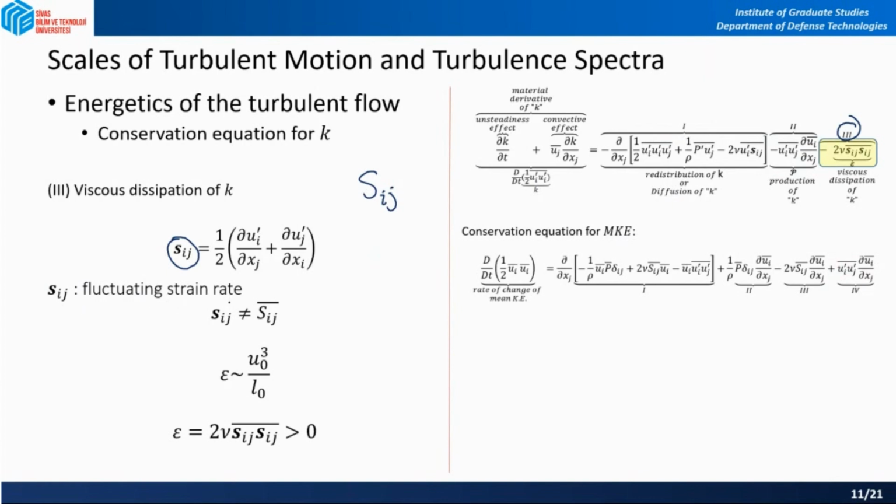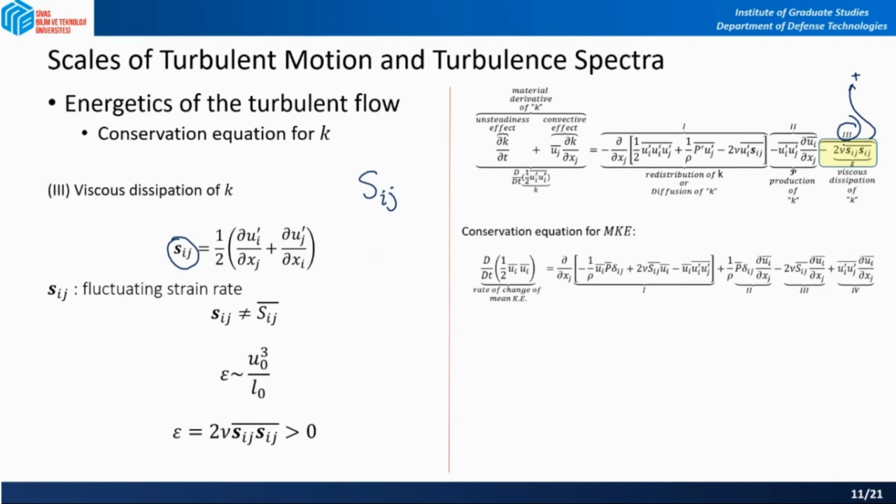This small bold type sij is the fluctuating strain rate. So 2 times nu times sij bar will always be positive because you have sij squared, and 2 is positive, nu is always positive.